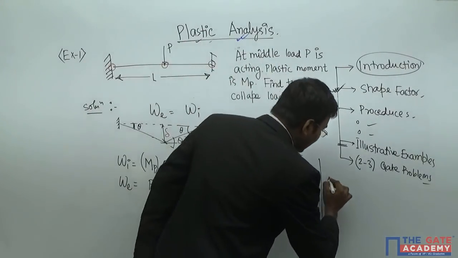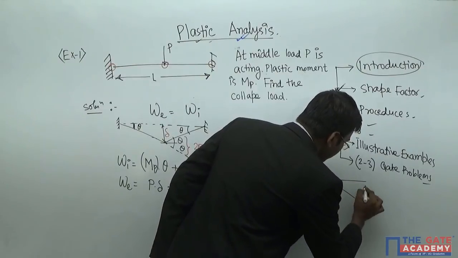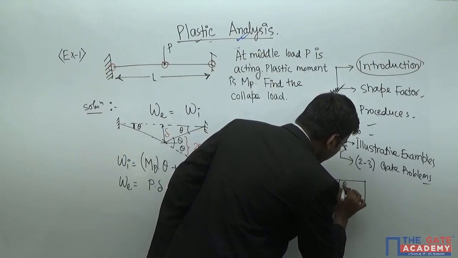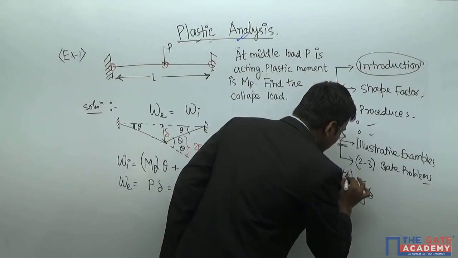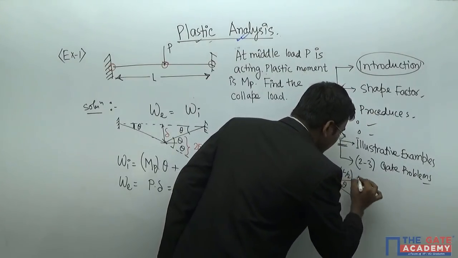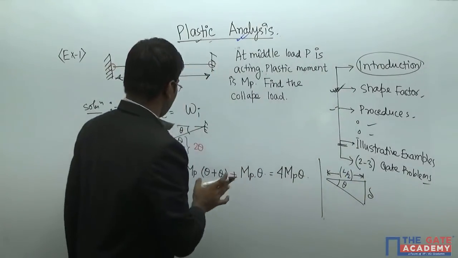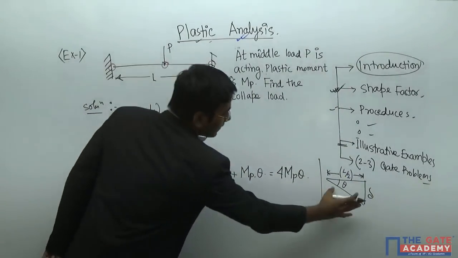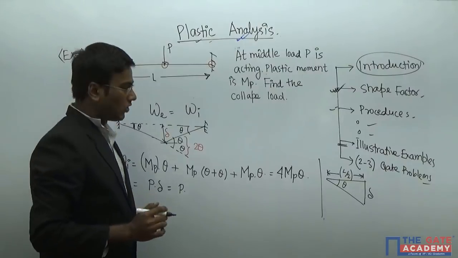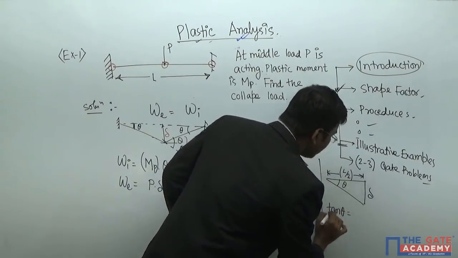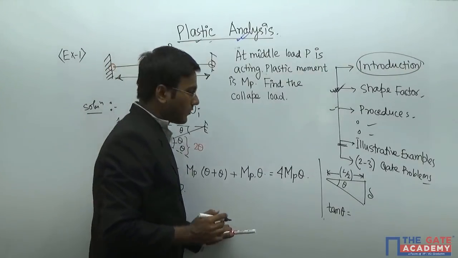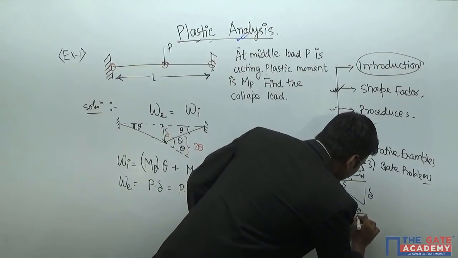Just take this small triangle. This is delta and this is equal to L by 2. Just take this triangle here. So from here you can find tan theta equal to delta by L by 2.